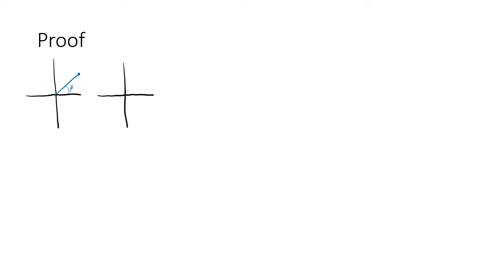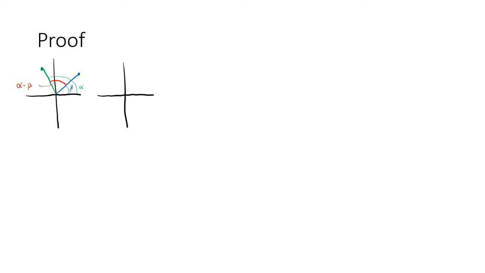Then I'm going to have another angle over here, and that angle is alpha. And so hopefully it's clear that the angle between those two angles is alpha minus beta. Now I'm going to say also that I know the coordinates of these points.